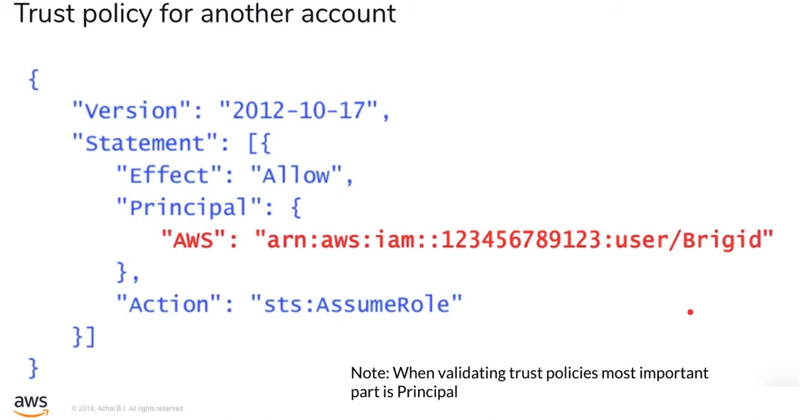Whenever you're validating any trust policies, the most important part would be the principal, because this determines for whom you are giving access. For example, if you mention root here, then every user under that root for this account would have access.